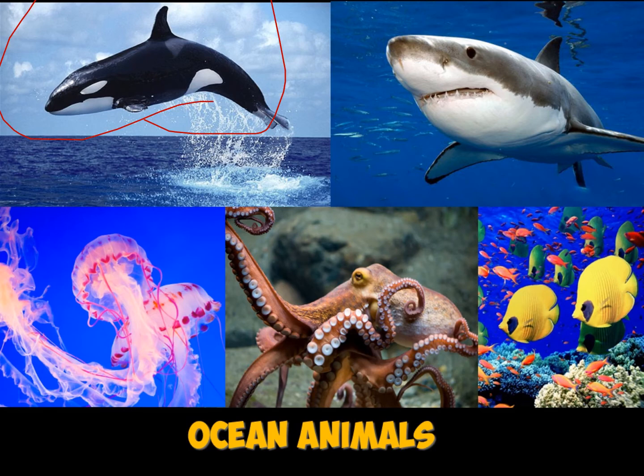We know that sharks live in oceans, we have octopus, we have colorful fish, even jellyfish that live in oceans. And all these animals, except for the whale, breathe underwater. A whale, actually like us, breathes air. So even though they swim for a long time underwater, they need to come back up to the surface and breathe.